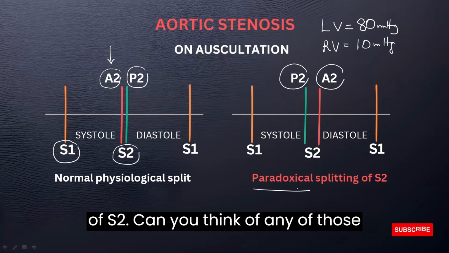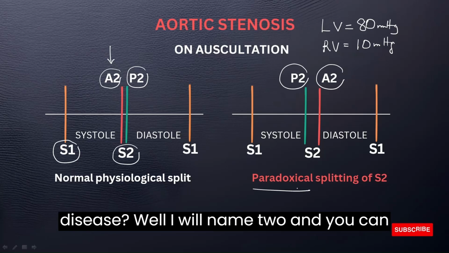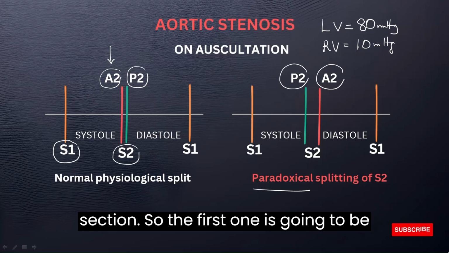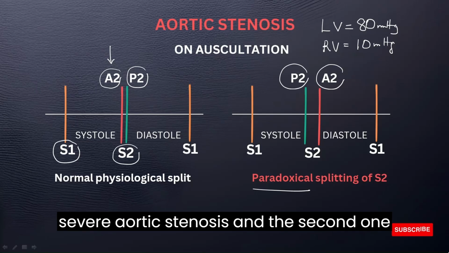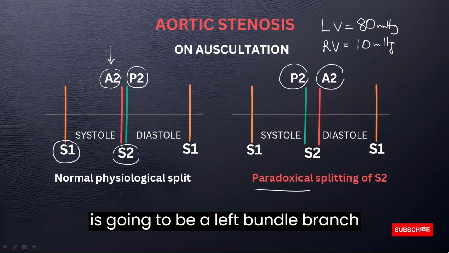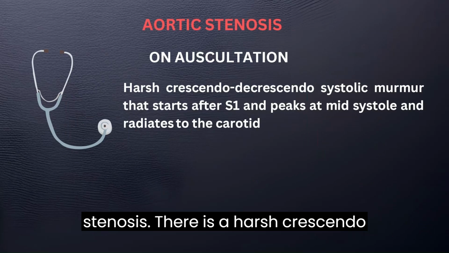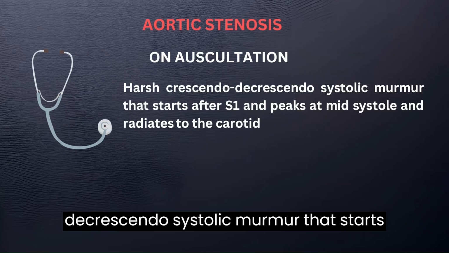Can you think of any of those diseases? Well, I will name two, and you can write the third one in the comment section. So the first one is going to be severe aortic stenosis, and the second one is going to be a left bundle branch block.